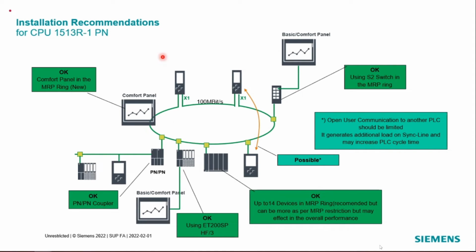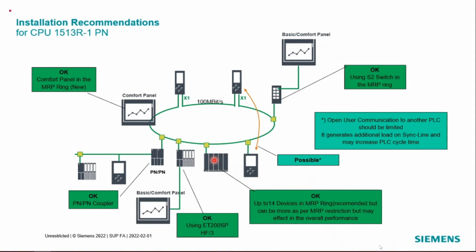Another thing that was mentioned in the first PPT, the configuration, is a maximum of 16 devices in the ring. But this 16 devices is a recommendation and it is not a must. That means if I leave out these two CPUs, 14 devices can be put into the ring. But for example, in one of the cases which came to me for approval, there were some remote IO stations with maximum one DI card and one DO card.